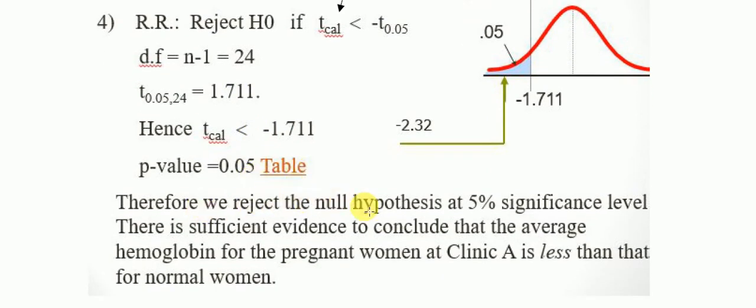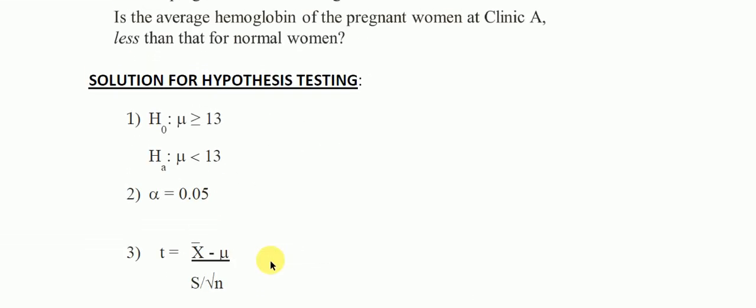Therefore we reject the null hypothesis at 5% significance level. Thus there is sufficient evidence to conclude that the average hemoglobin for pregnant women at clinic A is less than that for normal women. Why? Because we had these two hypotheses.